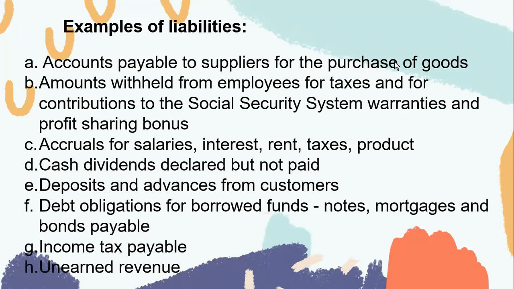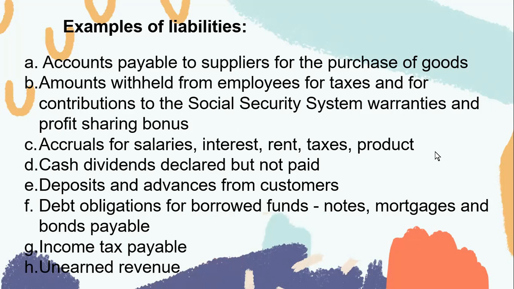Next is some examples of liabilities. First is the accounts payable to the supplier for the purchase of goods. Next is the amount withheld from employees for taxes and for contribution to the social security system. C is accruals for salaries, interest, rent, taxes, product warranties, and profit sharing bonus.